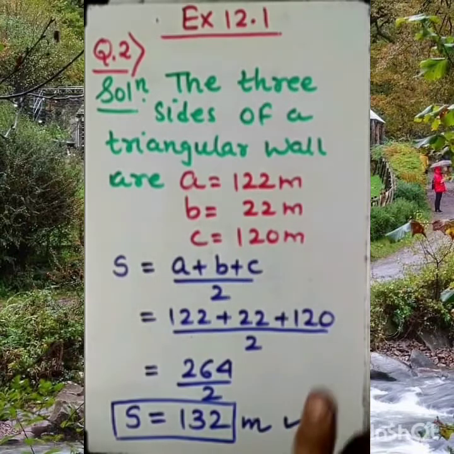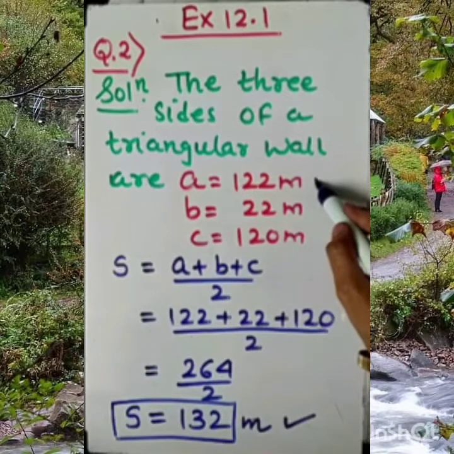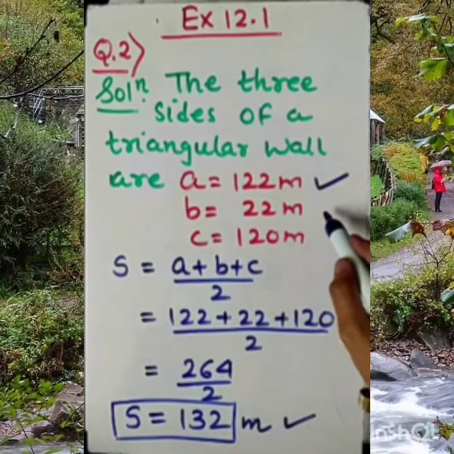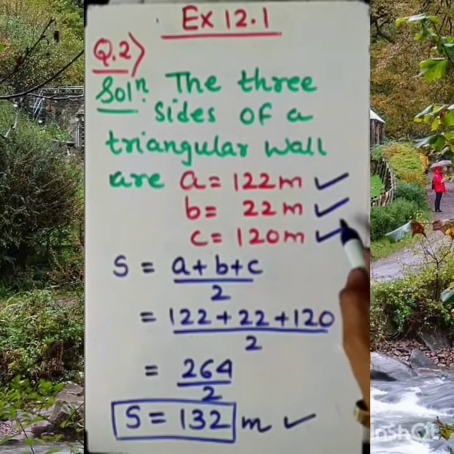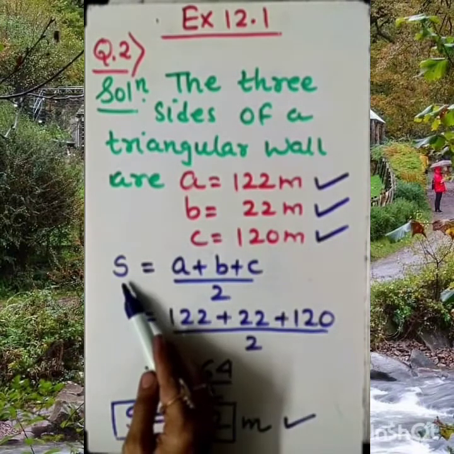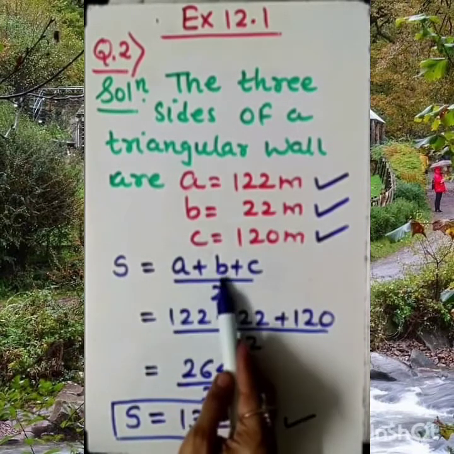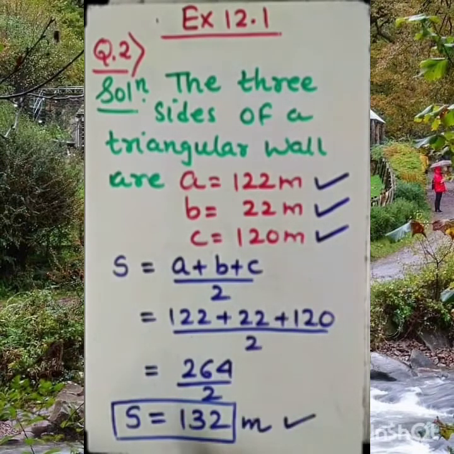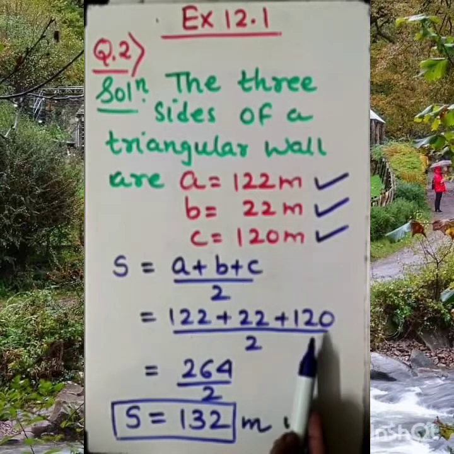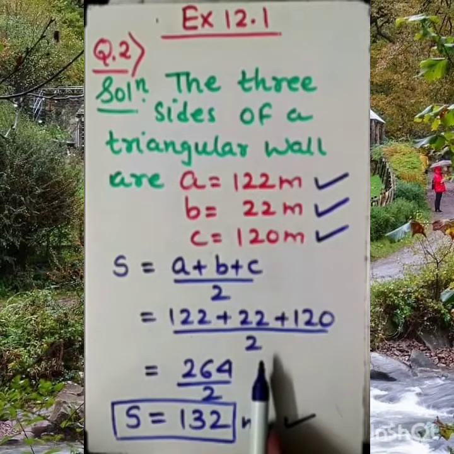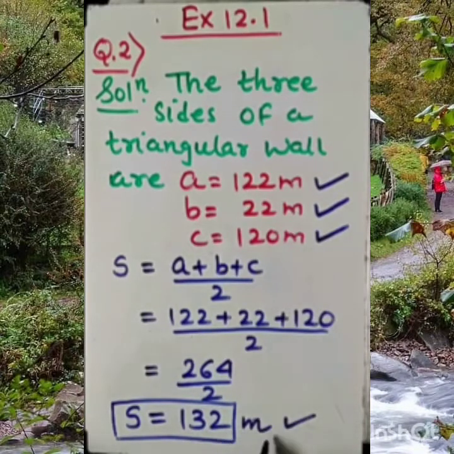The three sides we are given are a, 122 meters, b, 22 meters, and c, 120 meters. So how do we find s? It is a plus b plus c by 2, that is 122 plus 22 plus 120 divided by 2. So it is coming 132 meters. Now let's proceed further.